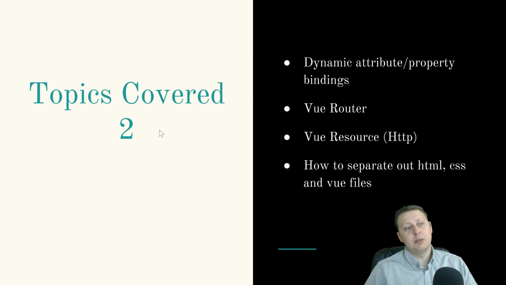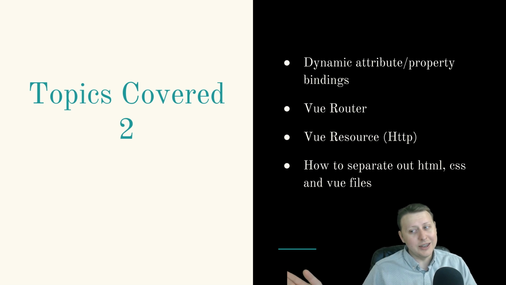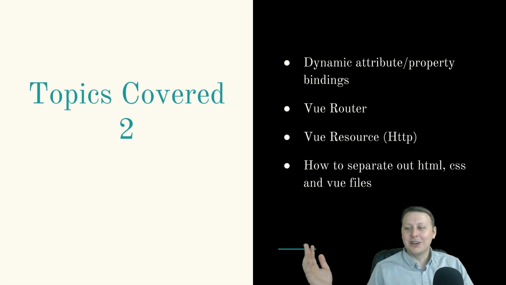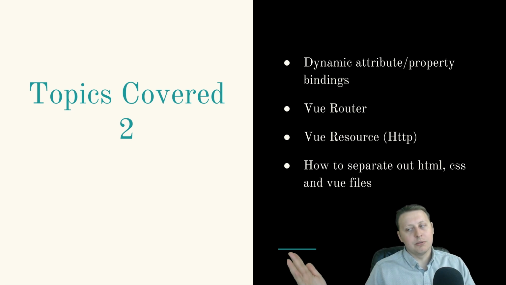We're also going to be talking about dynamic attribute and property bindings. How can we assign a class dynamically? Things like that. We're going to be showcasing the Vue router, which is going to handle different views, the different items shown in the router slot.